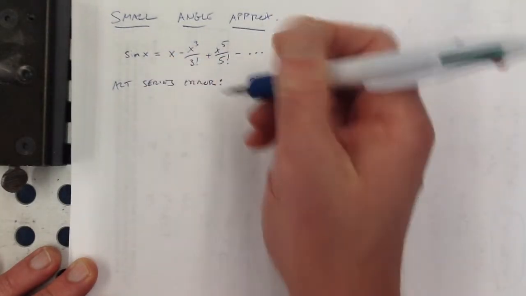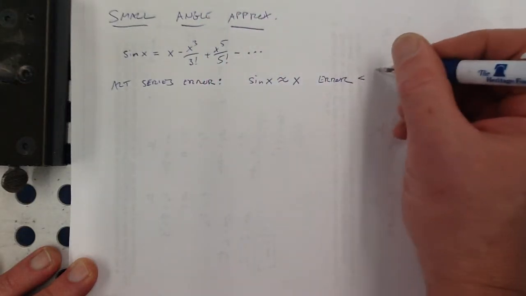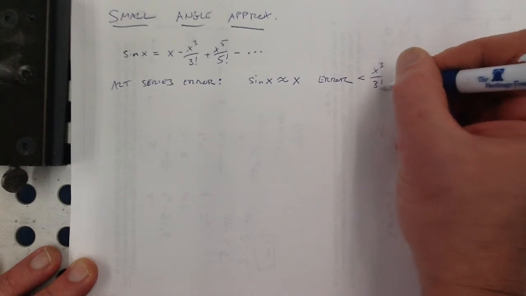Since this is an alternating series, the error is not bigger than the next term: error is less than x cubed over 3 factorial.